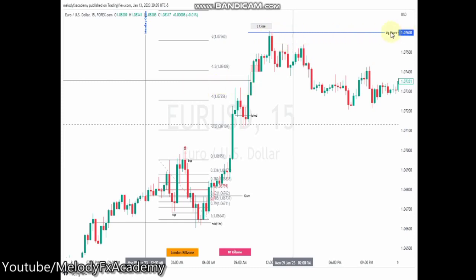And we have this big figure here. If you are familiar with the whole numbers, zero levels, 50 levels, 20 levels, the rest, we also have a big figure resting there. So this is one way you can project the highs of your daily trading range. What do I mean by your daily trading range or dealing range?